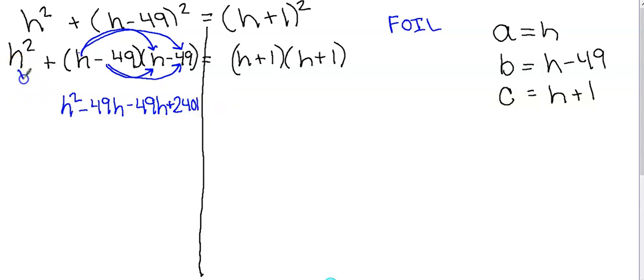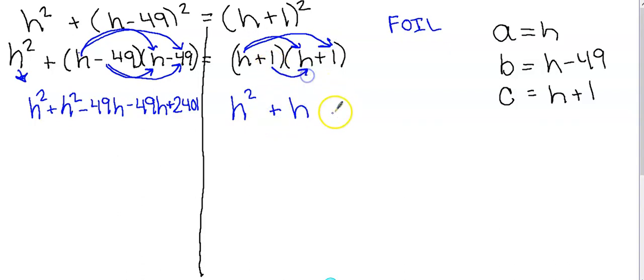Let's not forget this H squared that was already here, so I'll bring that down. Over here, FOIL again. H times H is H squared. Outside, 1 times H is just H. 1 times H again, 1H, but we don't write those ones. And then 1 times 1 is 1.